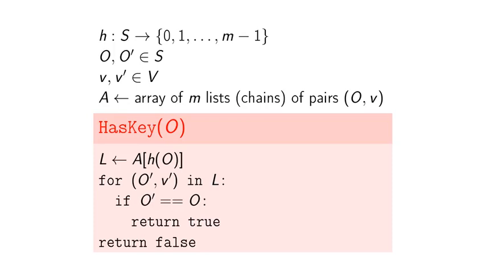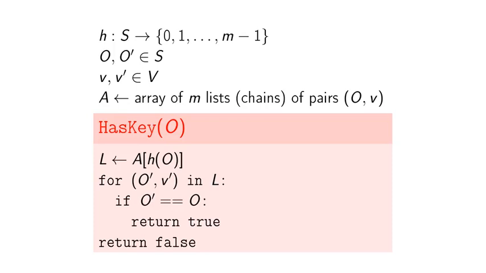Now let us implement the first method, hasKey, which should return whether there is an entry in our map for the object O. First, we compute the value of hash function on the object O. We look at the corresponding cell in the array A and we take the list L from there. Then we go through this list, and when we go through it, we look at pairs O prime, V prime that are elements of this list.